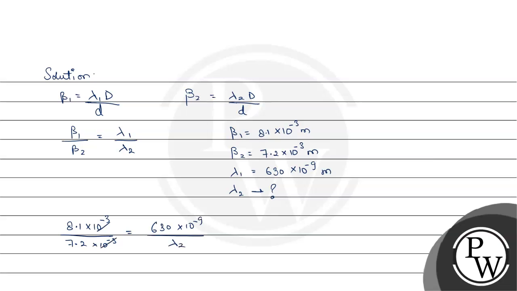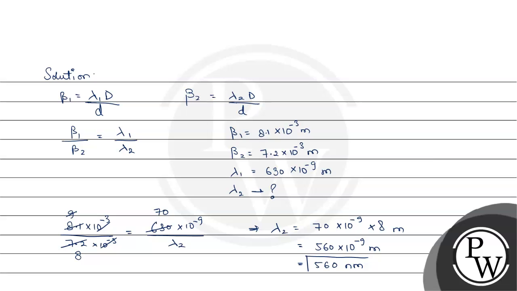When we solve it, 9 cancels 72 by 8 times and 81 by 9 times, and 9 cancels 630 by 70 times, and hence lambda 2 comes out to be equal to 70 into 10 to the power minus 9 into 8, which is 560 into 10 to the power minus 9 meters. This is in meters, and hence it is 560 nanometer.